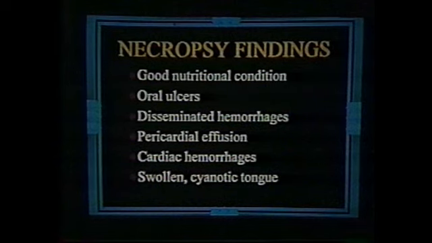The tongue seemed to have a very characteristic cyanotic appearance. Here you see the oral cavity, the trunk up here, then the lower jaw with these punched out ulcers around the mouth. Quite severe endocardial hemorrhages.